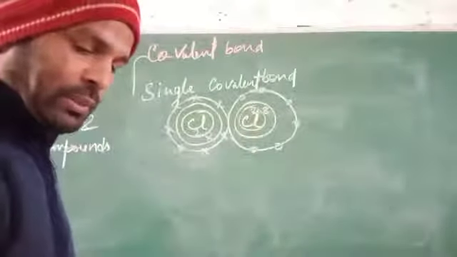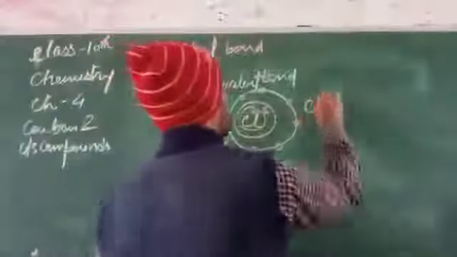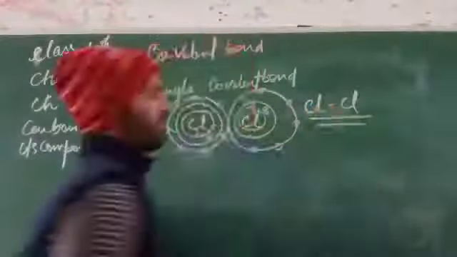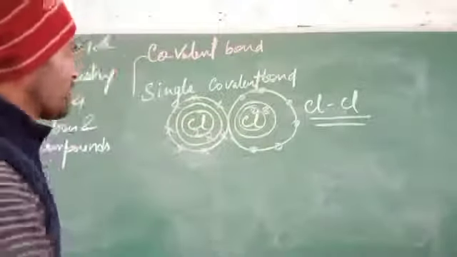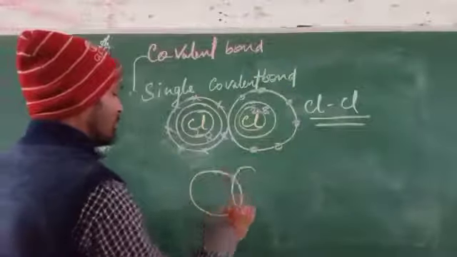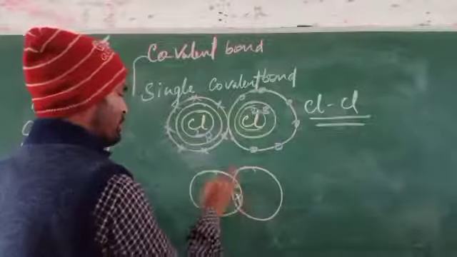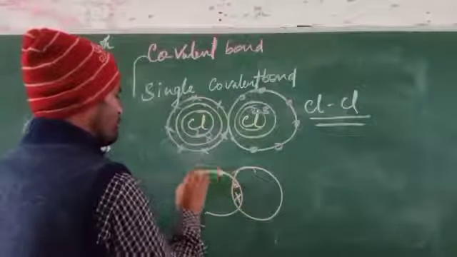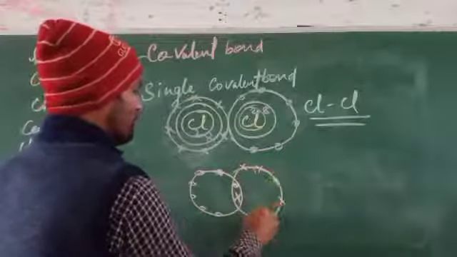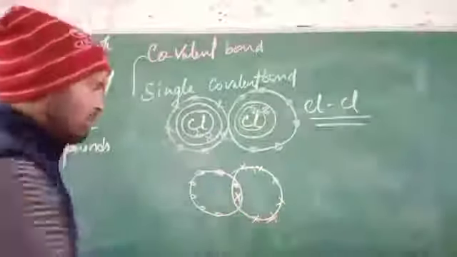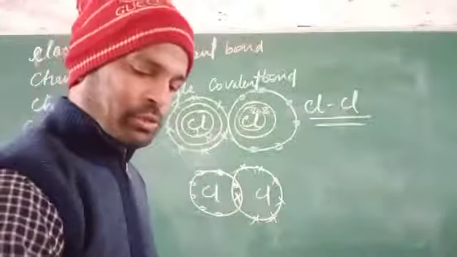So there are 7 electrons in the outermost shell of each chlorine atom. If they bond to one another, this forms a chlorine single covalent bond. This is possible because one electron is shared from each, so a pair of electrons is shared.